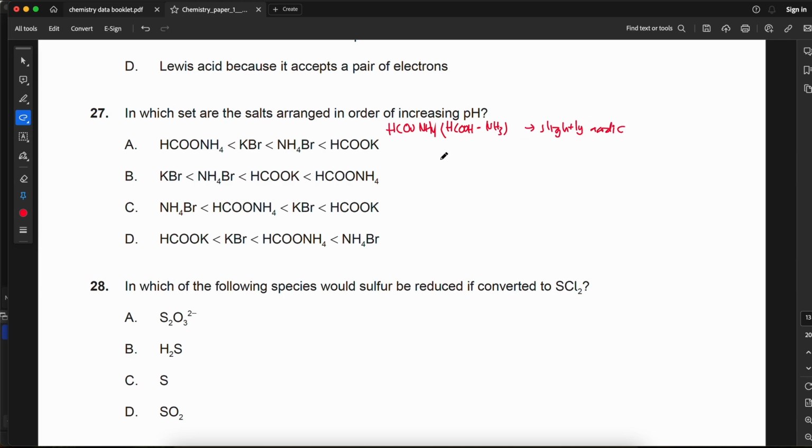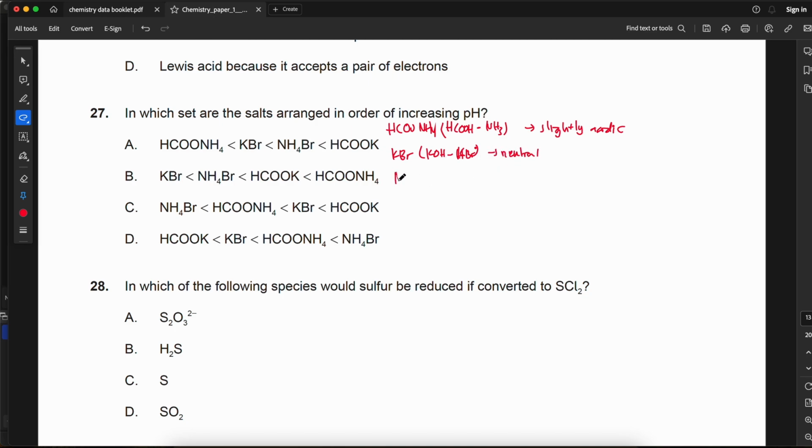And KBr is formed between KOH and HBr, so it's strong base and strong acid, so it's neutral.